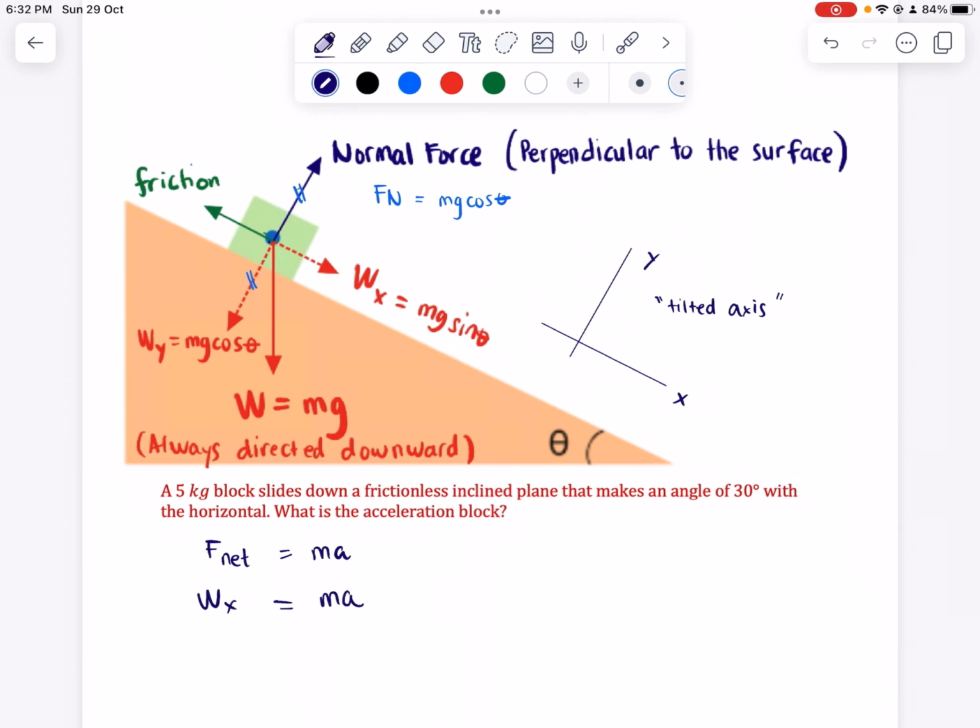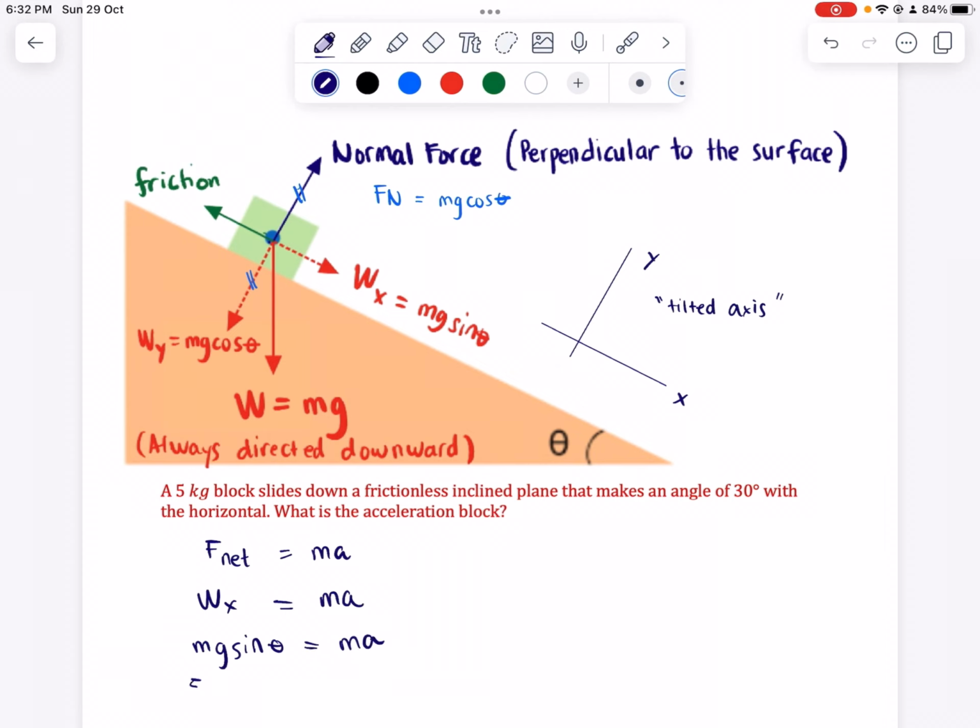Now we expand. Since we are given the mass, then we could solve for the x component of the object's weight, which is mg sine theta. So we'll write that down. Wx is mg sine theta, and that is equal to ma. Now we substitute our values.